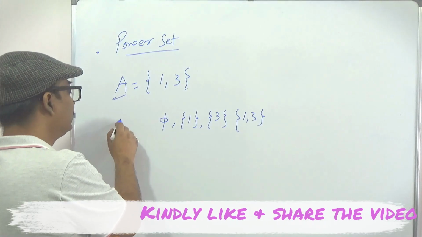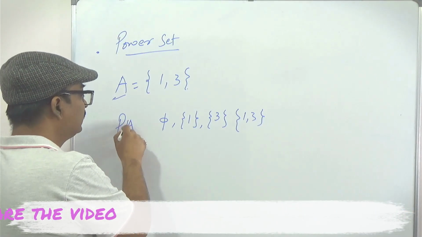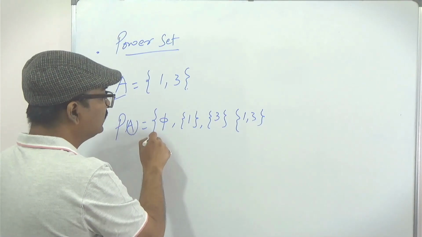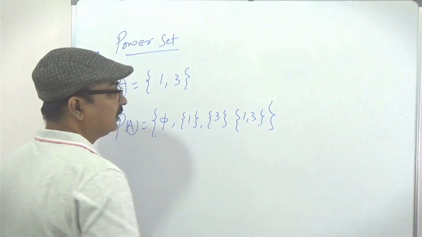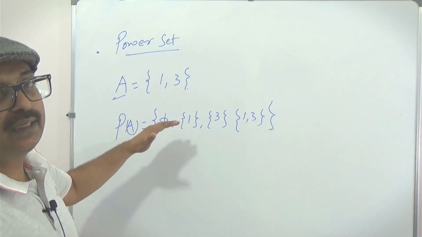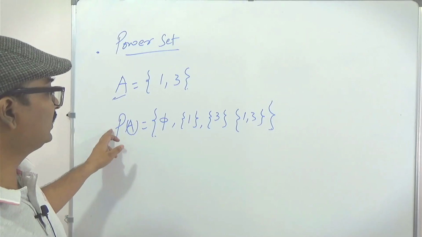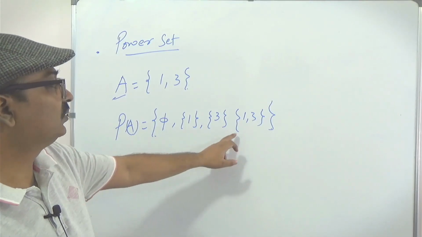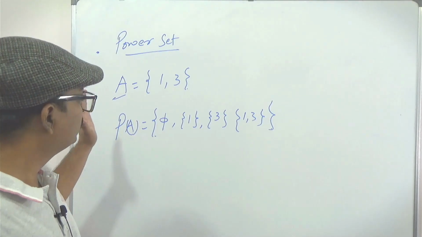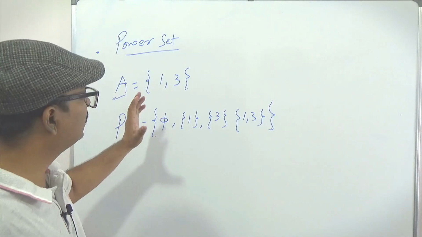If we have a set containing all the subsets of A, then we denote it like this: P(A), the power set of A. So what does it include?